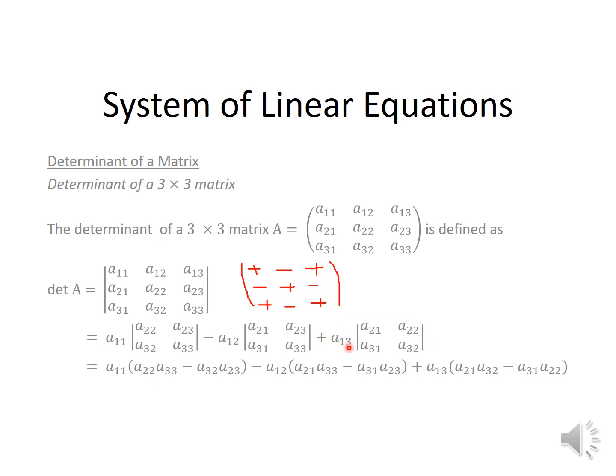You put them here, then you put a cross for each. Then we are back to a 2 by 2 matrix. So A22 multiply A33 minus A32 multiply A23. And the same operation for the rest too.